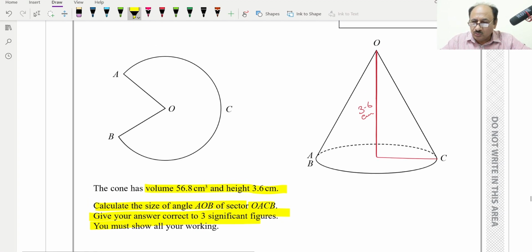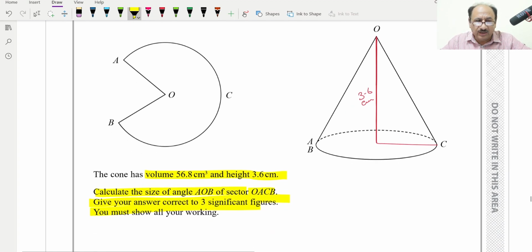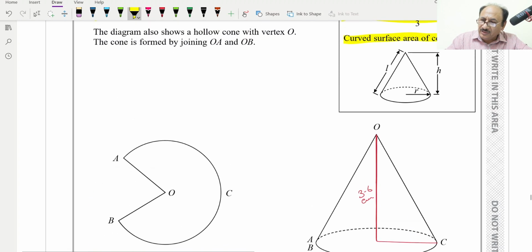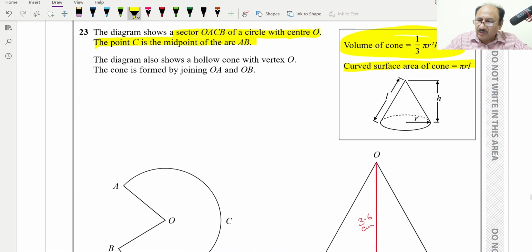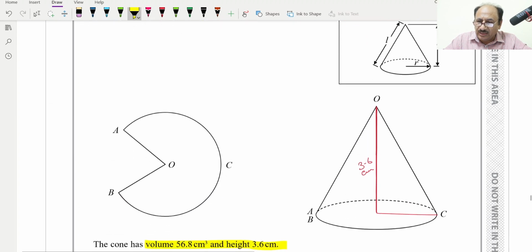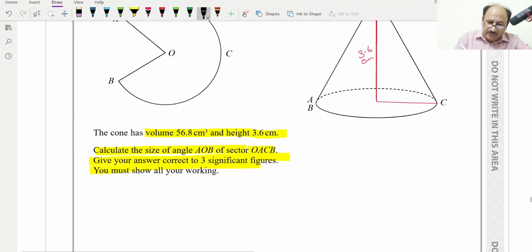Okay, so to do this, first of all we will calculate the radius. This radius is required, which we can calculate by using this volume formula, which is provided over here. This one, volume of the cone is equal to 1 by 3 pi r square h. So we will apply this formula.